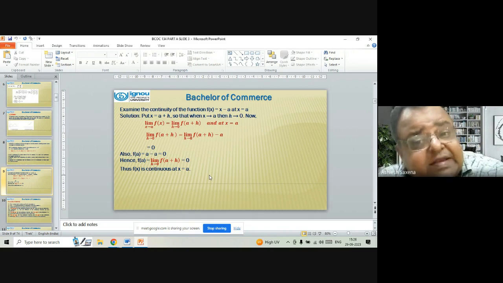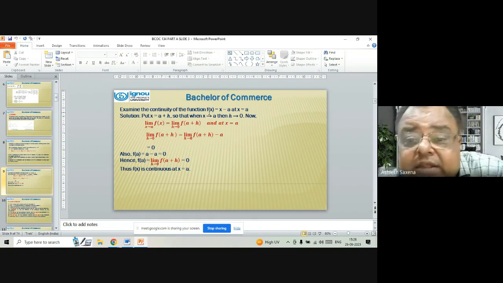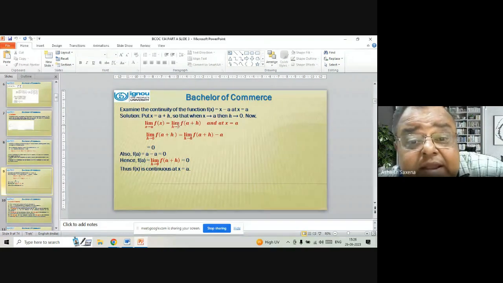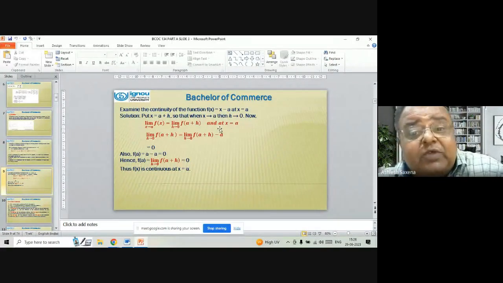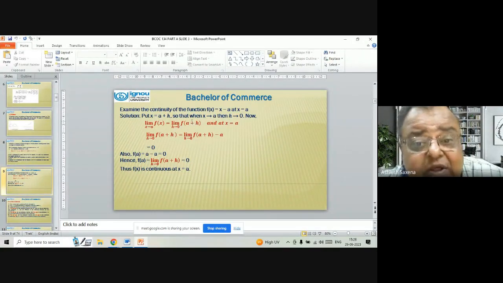If x tends to a, then h tends to 0. That means this limit x tends to a of f(x) will be equal to limit h tends to 0, where x has been replaced by a plus h, and when h is 0, you are going to get a value of a.